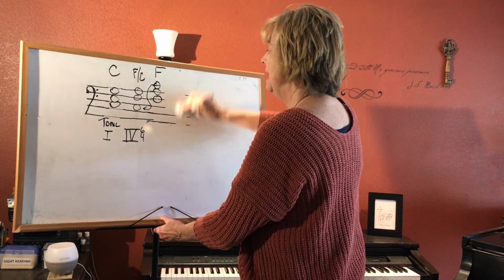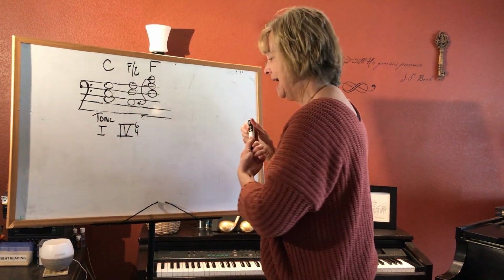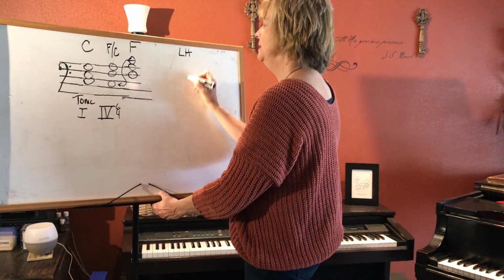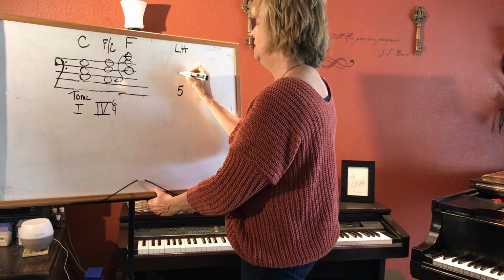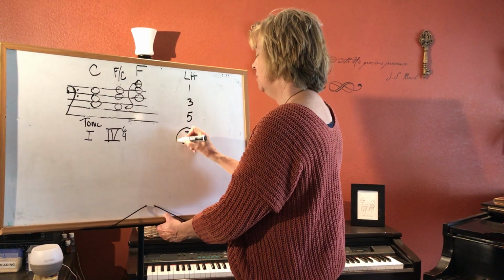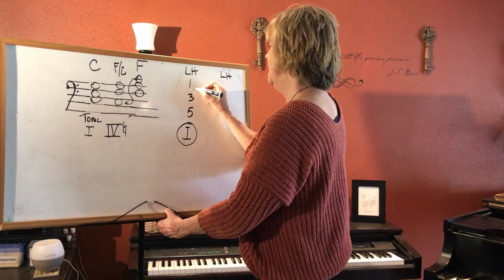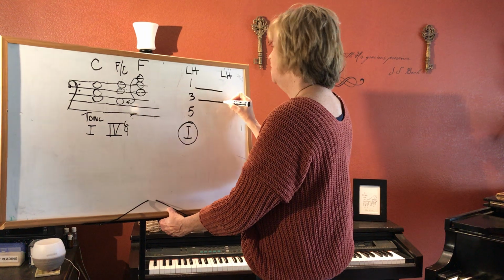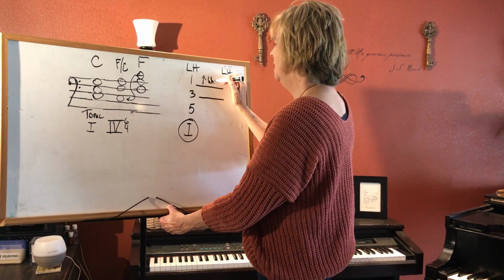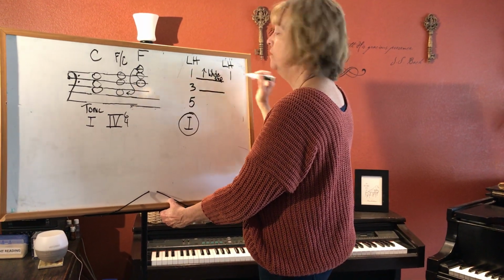As I showed you last week, let me show you a little chart of how to make that an easy transition. Again, I'm just talking about the left hand. If we use fingers 5, 3, and 1 for our number 1 triad, or tonic triad, and this is still the left hand, your thumb is going to go up a whole step, and we're going to use your finger 1.